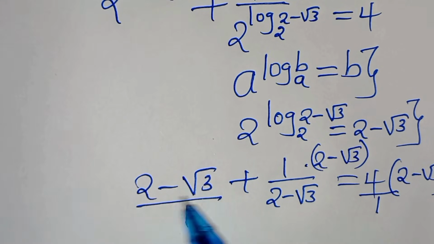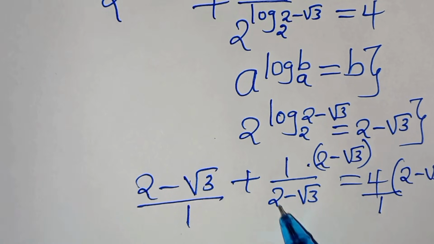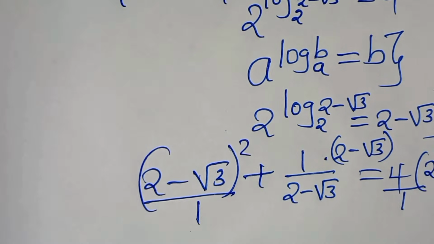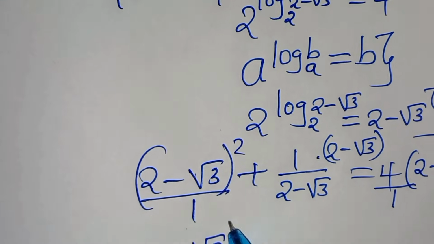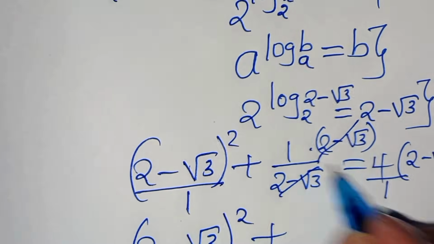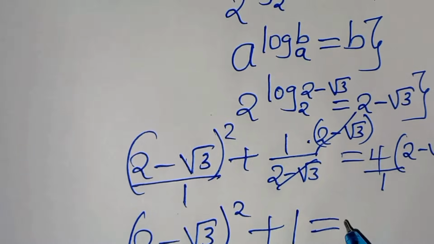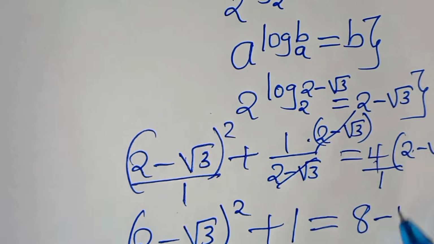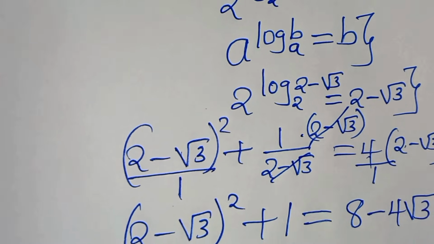And then we have 2 minus square root of 3 times 2 minus square root of 3. So this is squared. So we have 2 minus square root of 3 raised to the power of 2, then plus 2 minus square root of 3 here simplifies. So this is 1, and this is equal to 4 times 2. This is 8. 4 times minus square root of 3. This is minus 4 square root of 3.